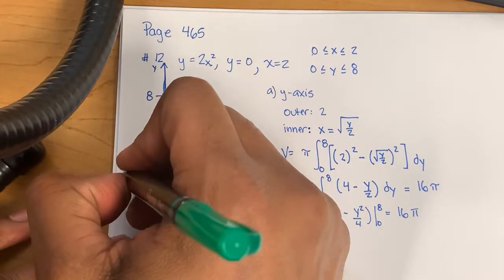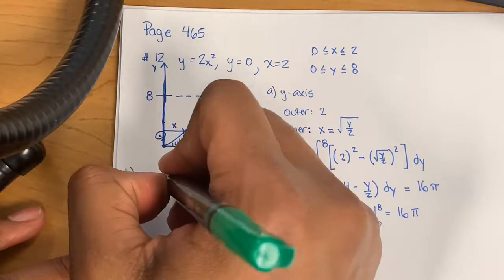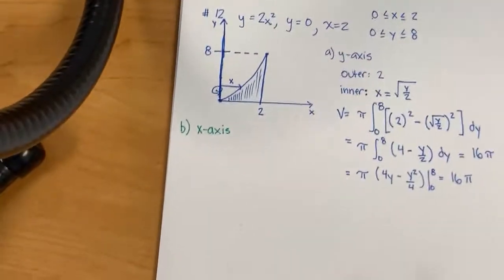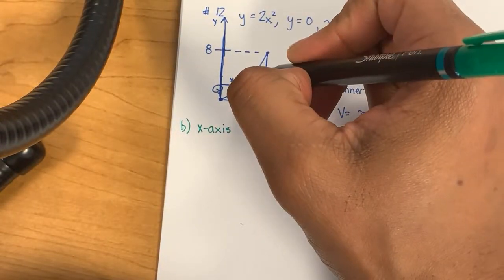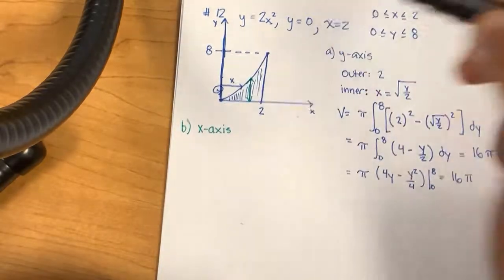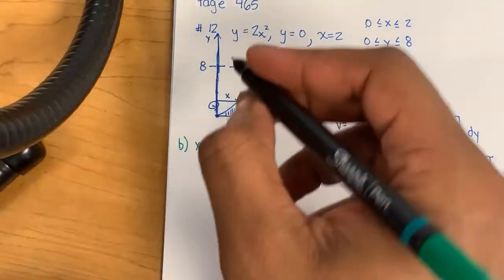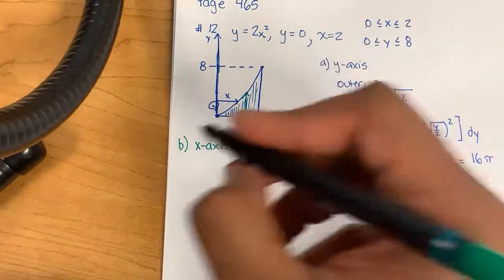So we'll put part B right here, and it says x-axis. When we're rotating around the x-axis, we're taking the same solid, but in this case, we get this as our arbitrary radius. Because the solid will have no hole, we can just use the disk method.